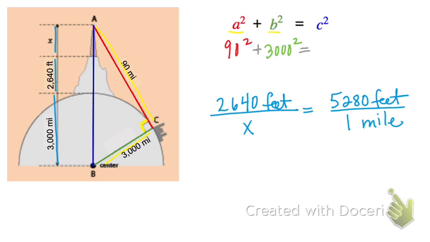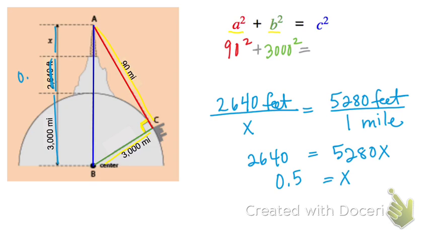So I just set up a proportion. When you cross multiply, you get this equals this. And when we divide, we see that x equals 0.5 miles. So let's change this to 0.5 miles.